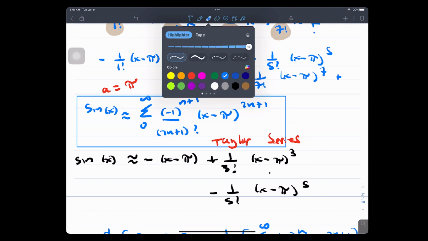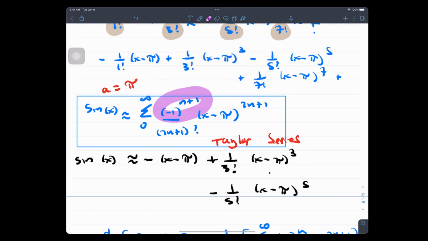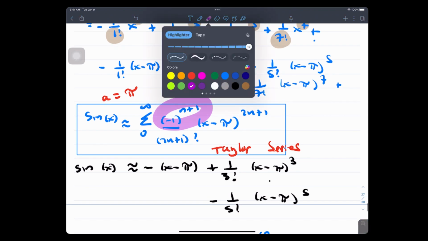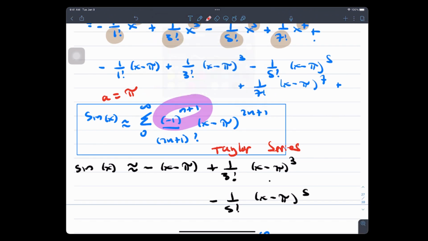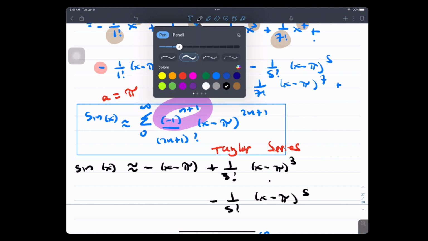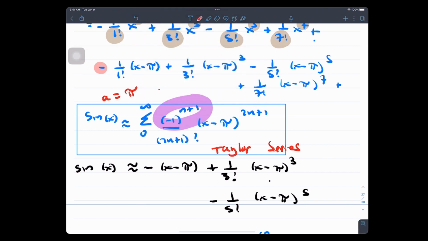The question's really regarding the alternating mechanism, right? So remember, this starts with a negative. If you put -1 to the n and n is 0, isn't that a positive one? So you'd start with a positive one.